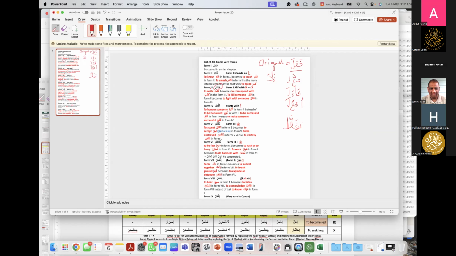So we have got Form 2, fa'ala. Then we've got Form 3, fa'ala. Now Form 4 is special, different, af'ala. 5, 6. 2, 5, 3, 6. 2 fa'ala and 5 is similar except the ta added. And 3 is fa'ala and it's same as Form 6 except the ta extra added.